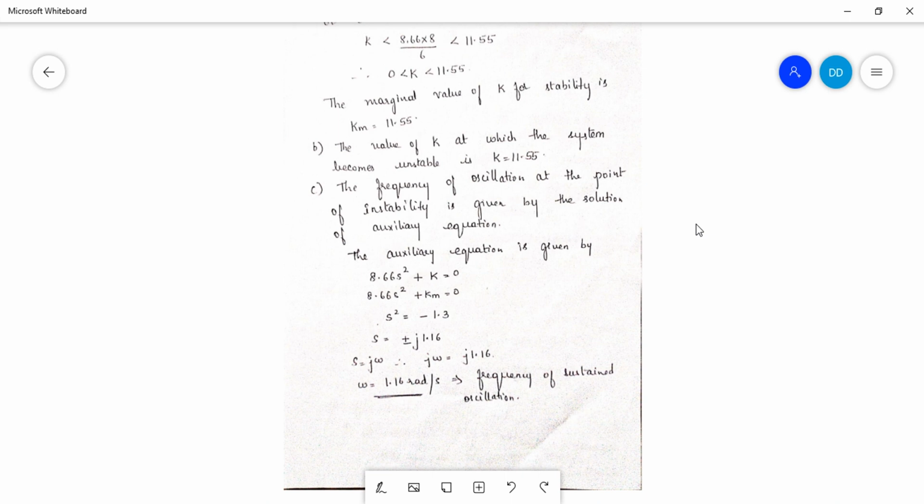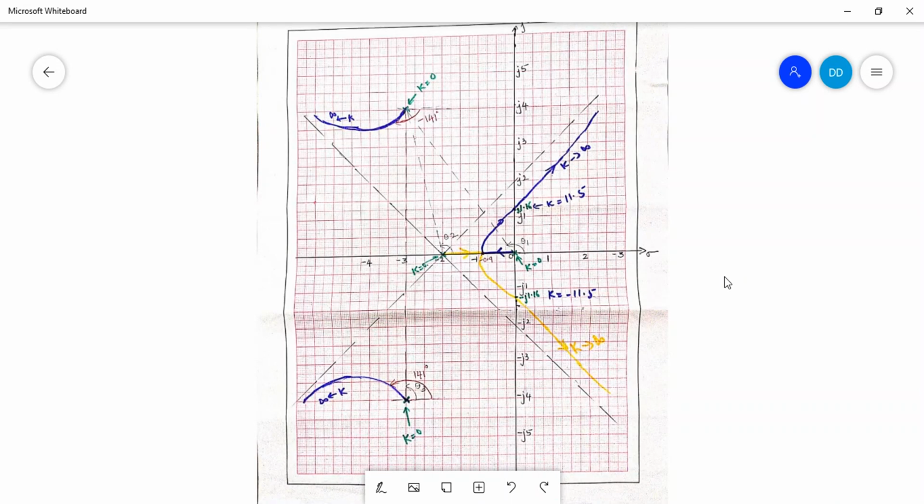Now we will see how to construct the root locus with these details. This is how we construct it. First, mark the poles at s equal to 0, s equal to minus 2, and minus 3 plus j4, minus 3 minus j4.